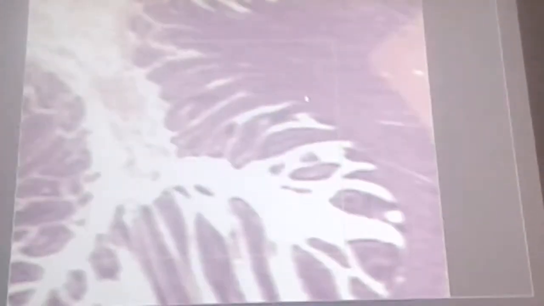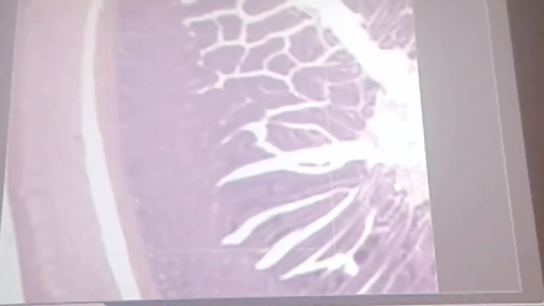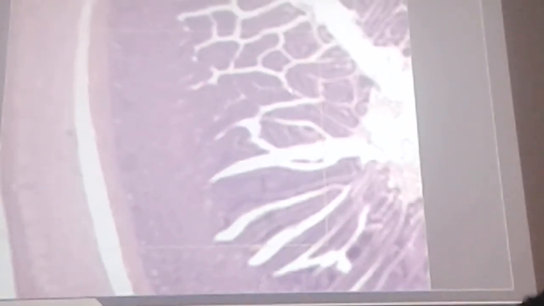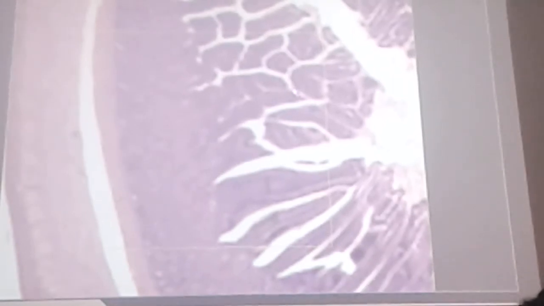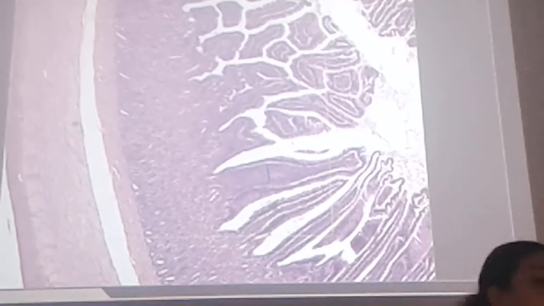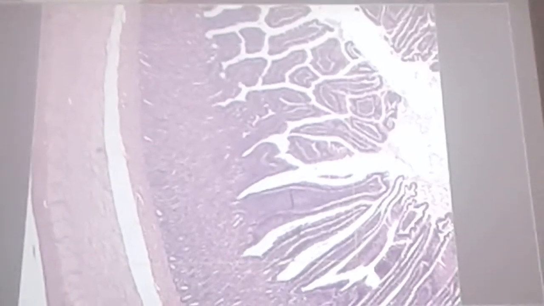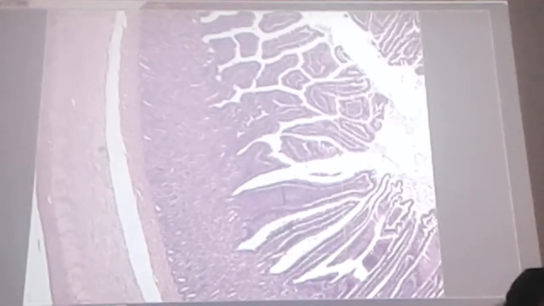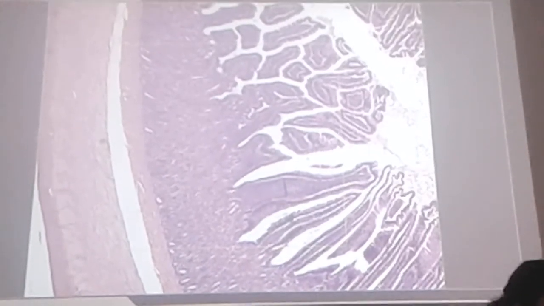And the third and last type of muscle is the smooth muscle. We will study smooth muscle in the duodenum. So this is the lowest magnification of the duodenum, and this was the epithelium and the lamina propria.